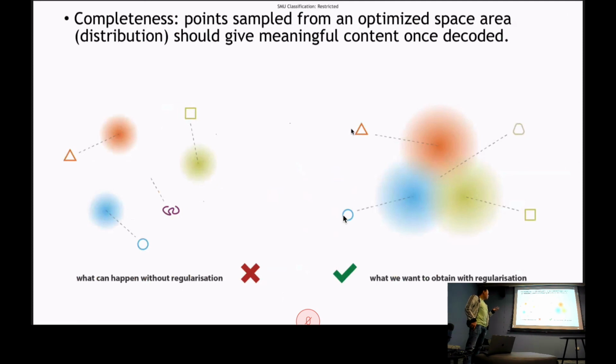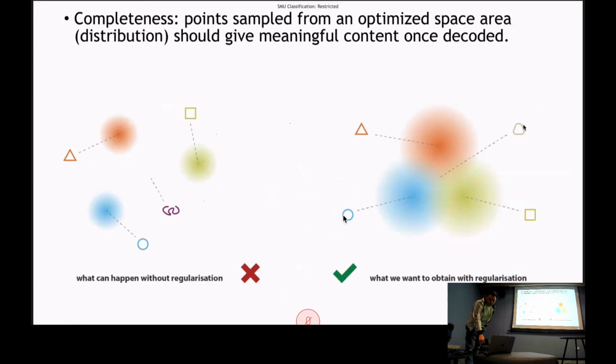Which means that, for example, if you see a circle here and a rectangle there, and we randomly sample a point in the space between those two points, it should give content that is kind of similar to both. In this case, it should give something more similar to this one instead.